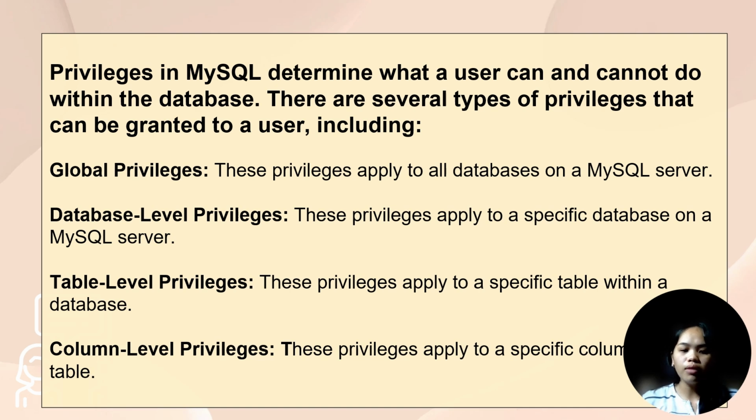Column level privileges apply to a specific column only for a specific database table. Those are the 4 levels at which privileges can be granted to a user.